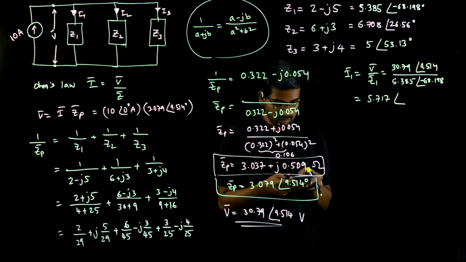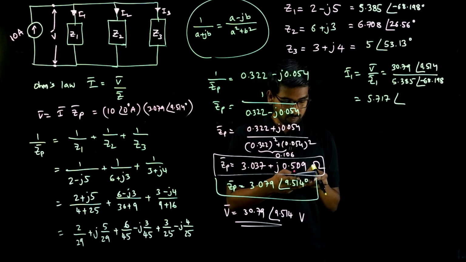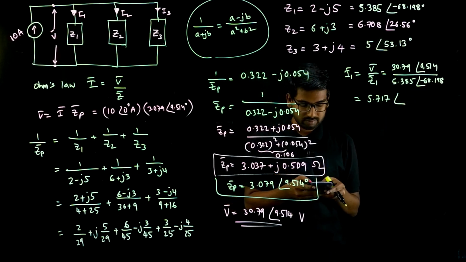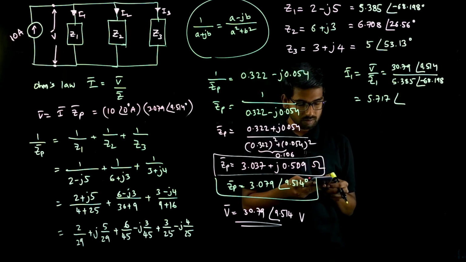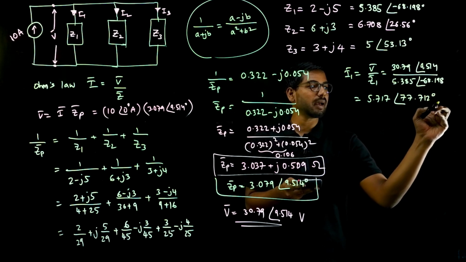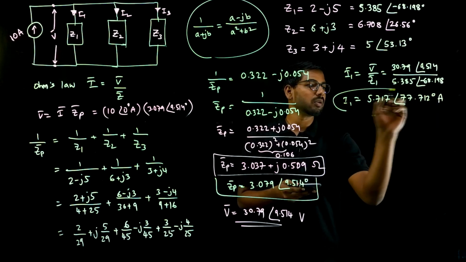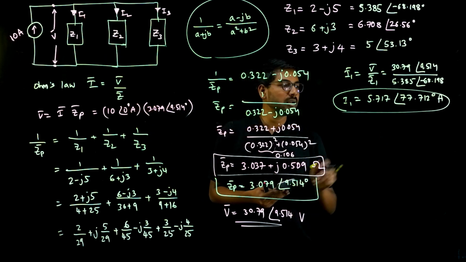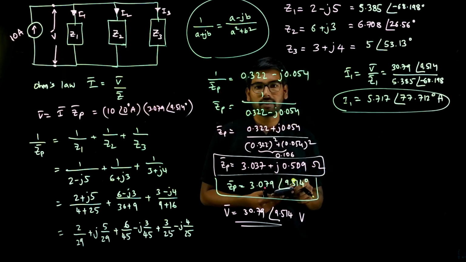So that will be 9.514 minus bracket minus 68.198, which will give me 77.712 degrees. So the first current value is 5.717 at 77.712 degree amperes.